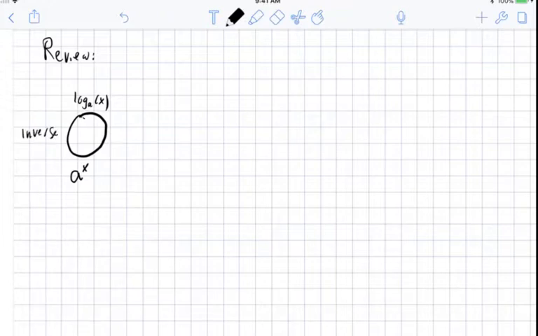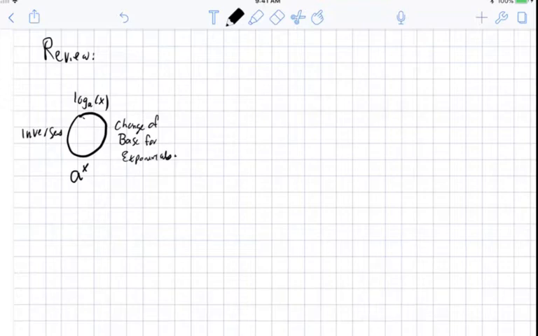They both have their own properties, but the properties of the two are related because they cancel each other out. From these two, we ended up with the change of base formula.